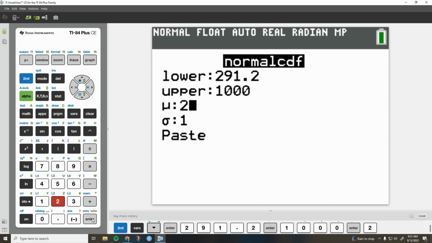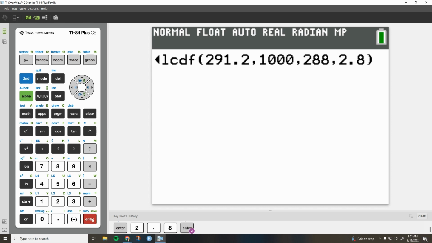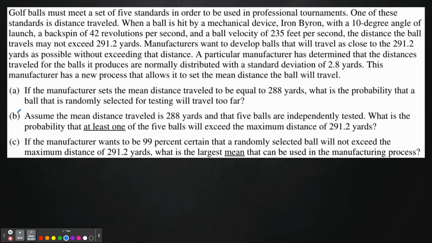The mean was 288, and the standard deviation was 2.8 yards. If we hit enter and paste here, we get the answer is 0.1265. This tells us that the probability of one of their golf balls traveling beyond 291.2 yards is about 12.6 or 12.7%. We're going to skip part B and jump into part C now.